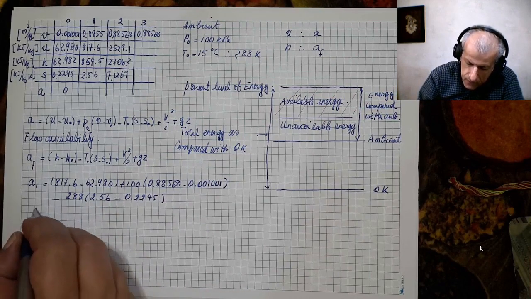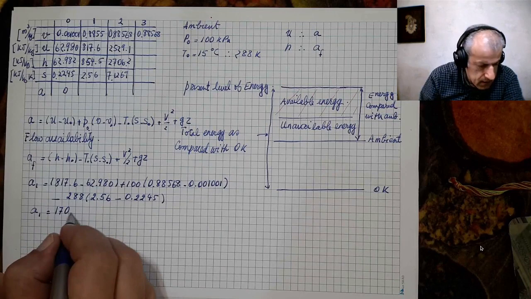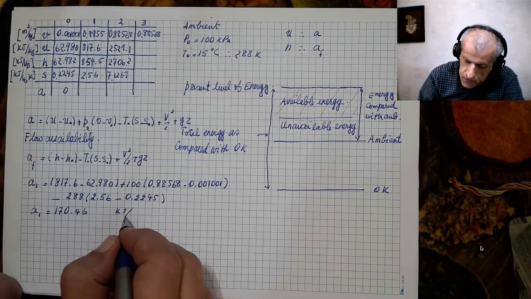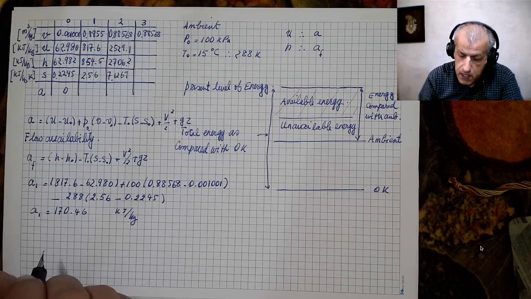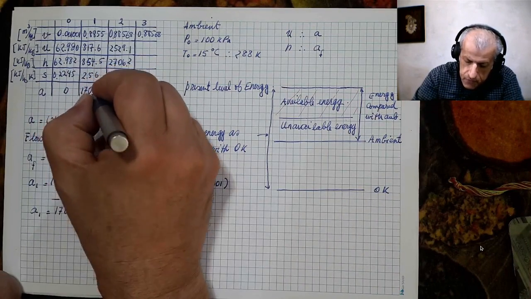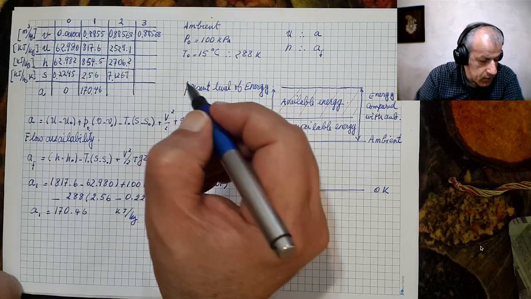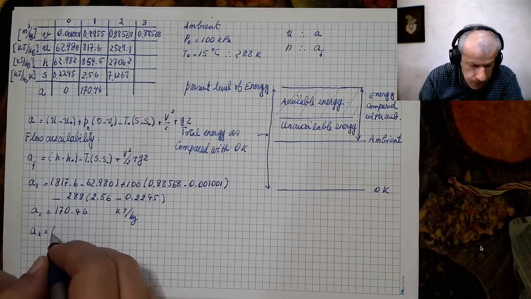And the outcome for A1 would be 170.46 kilojoules per kilogram. The unit is kilojoules per kilogram, just like U and H. And so here we could insert 170.46.